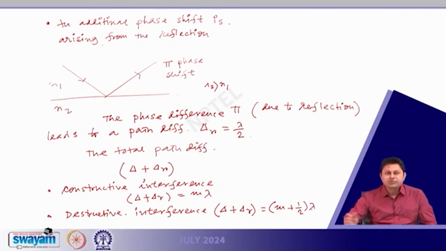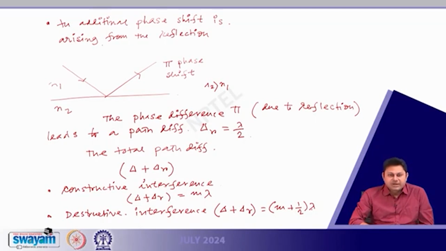So, with that note, today I would like to conclude. What we have learned today is that in the previous class we understood that when two waves interact through the double slit experiment, there is a division of wavefront, and because of that interference happens. There are other conditions also to have interference, and the conditions are that the two beams should be coherent in nature. However, one can also have interference by using the division of amplitude method.